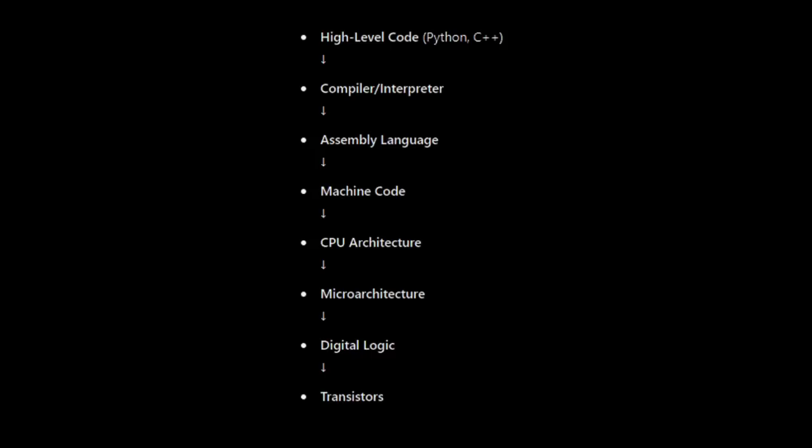And this abstraction, this code, which exists as a kind of language, a logical language, dependent upon the coding language that you use, that logical sequence of instructions that you yourself have created can chain all the way down through this series of levels. So it goes to compilers, and then assembly language, then machine code, and then the CPU architecture, the microarchitecture, the digital logic, and then the transistors. Your higher level code can influence the flow of electrons.